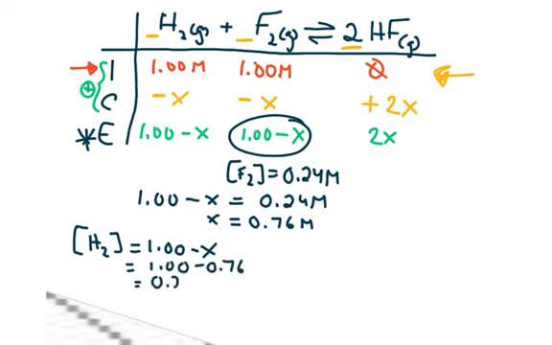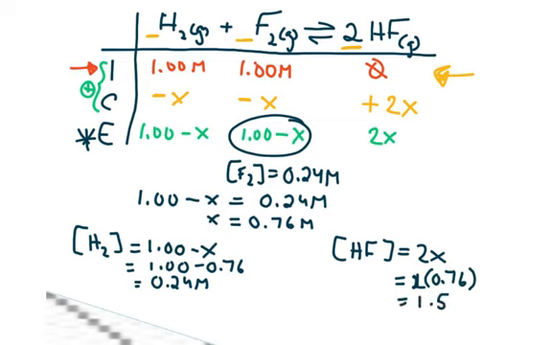So we've got 0.24 moles per liter, which makes sense because H2 and F2 should be equal. They're both 1 minus X. And then my HF is 2X. I'm going to bring this calculation down to 2 significant digits here, so 1.5 moles per liter.